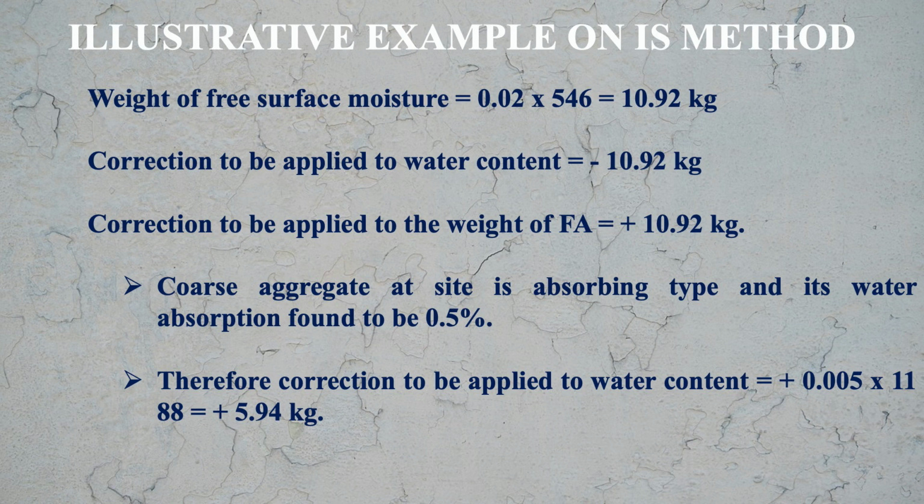This is 5.94 kg. And because this coarse aggregate is absorbing water from the water meant for mixing in the concrete, this correction will be positive, meaning we have to add more water due to this absorbing type of coarse aggregate, and this is 5.94 kg.